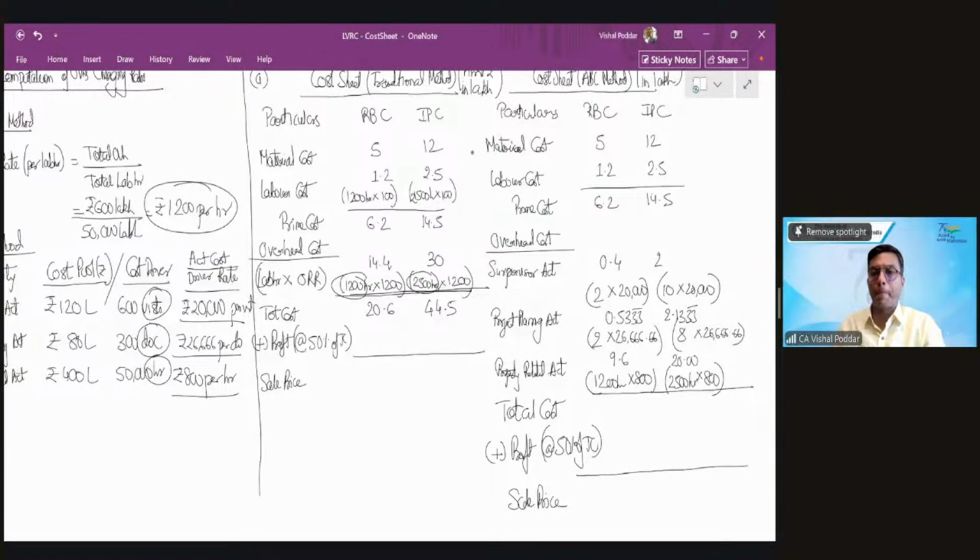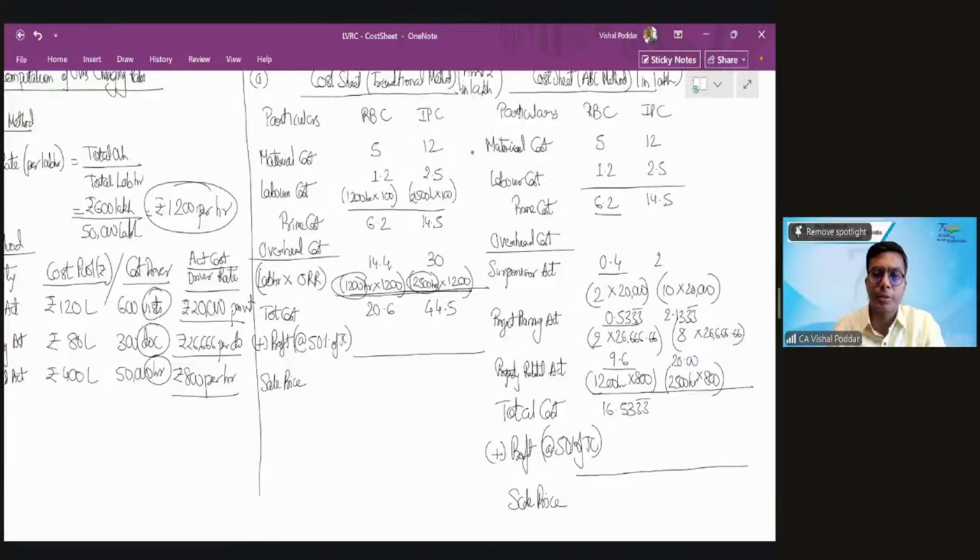So I get my total cost: 6.2 plus 4 plus 0.533 plus 9.6, that is 16 lakhs 53,333.